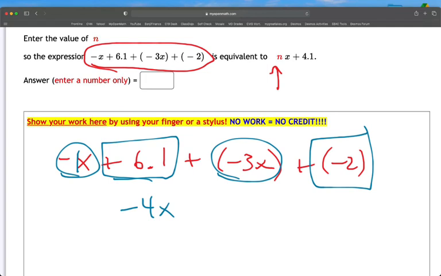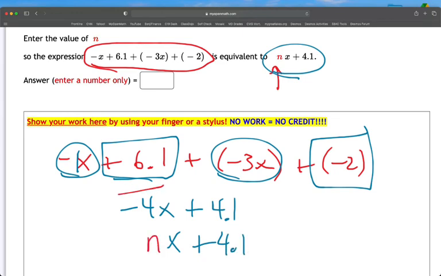We have 4.1 more positives than negatives. And so if I take this and write it right here, but I'll grab my red pen for the n, we can see that in this particular problem, n would have to be -4.